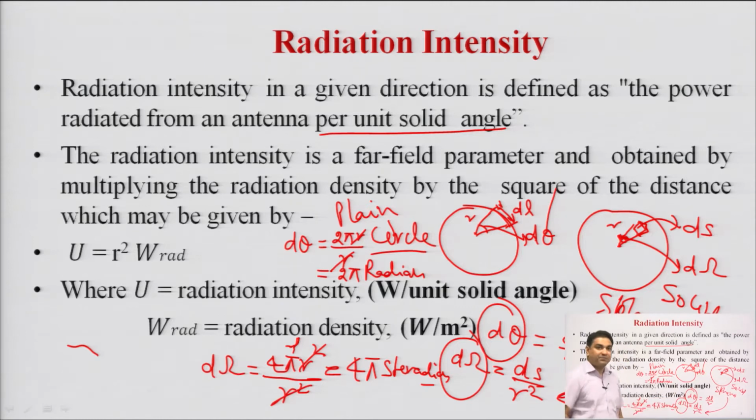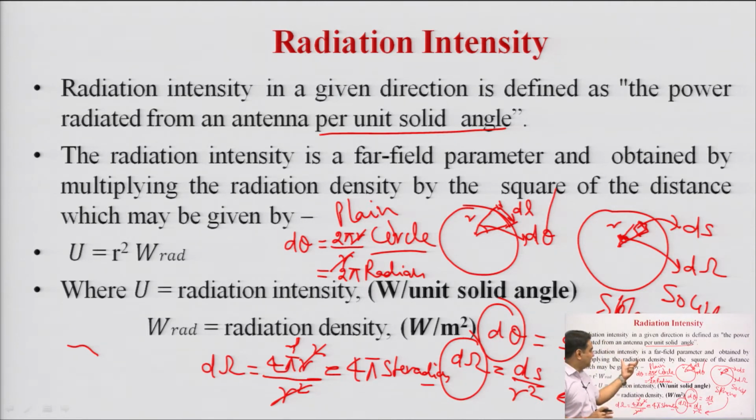Now, you can understand the existence of the solid angle and the definition of radiation intensity, that is power radiated from an antenna per unit solid angle, and this per unit solid angle is defined as the d omega term.